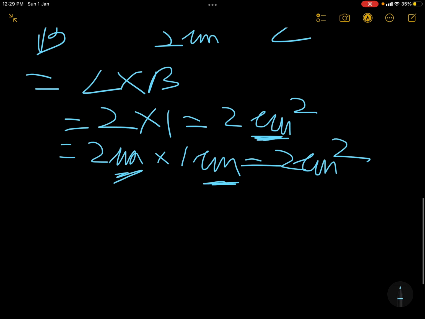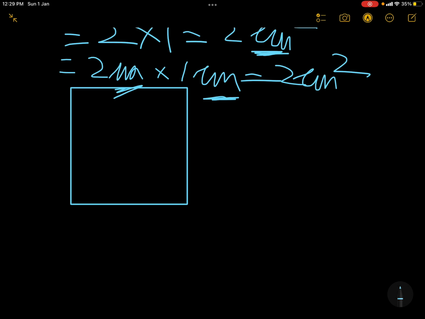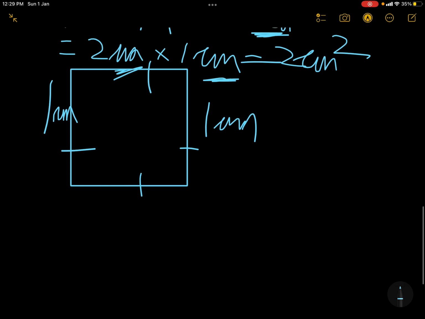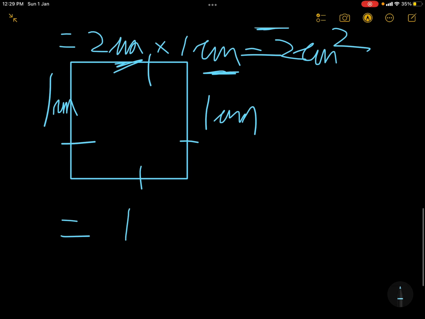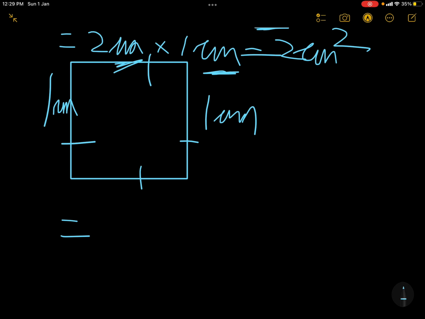Okay, so now let's go ahead and understand the area of a square. Here is a square. Let's say this is again 1 centimeter, and this is also 1 centimeter. All the 4 dimensions are again 1 centimeter because it's a square. Now you will find out its area. Like I explained, it is equal to the length multiplied by the breadth.